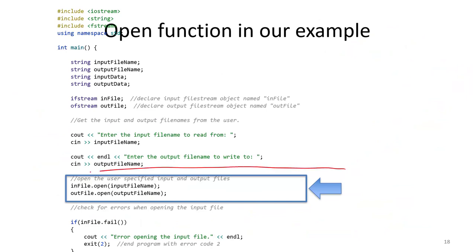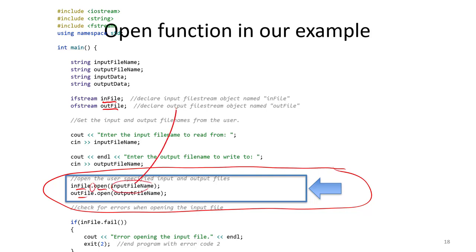Once again, there's the open function in our example. And you can see in this case, we took the name of our input and output file streams, dot open, and we used the string variables for input file name and output file name to hold the names of the files.